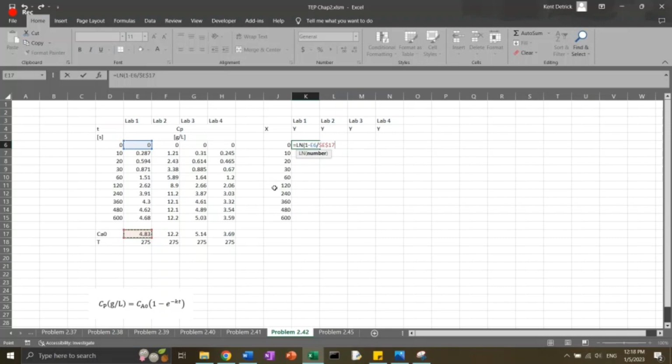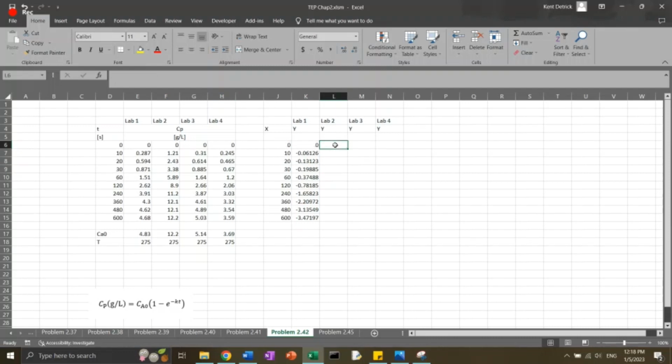We want the letter to change, but we don't want the number to change. So let's do that, and drag that down. Let's see if that worked. Yep, that worked. So 1 minus Cp divided by that.